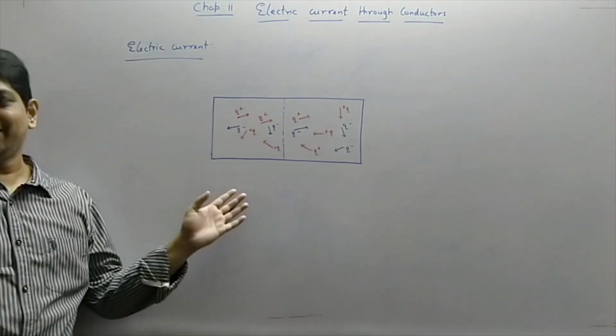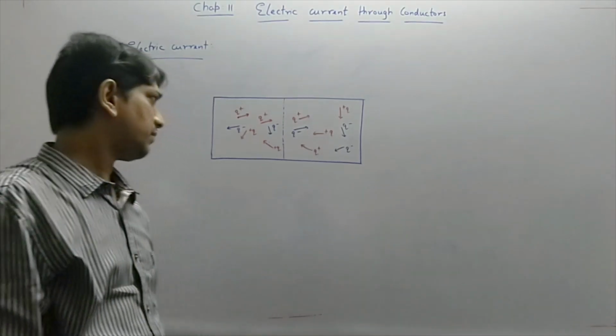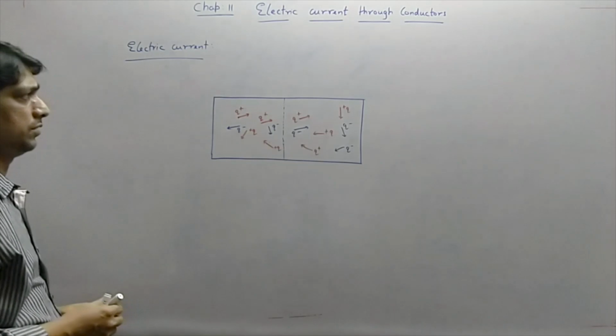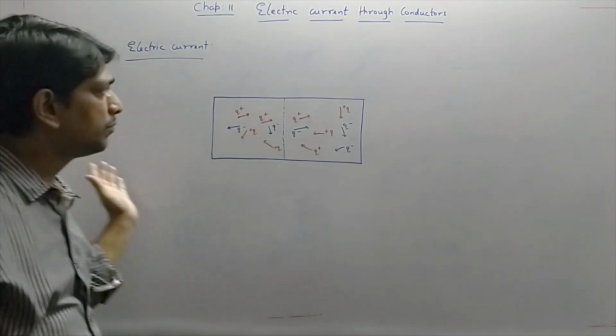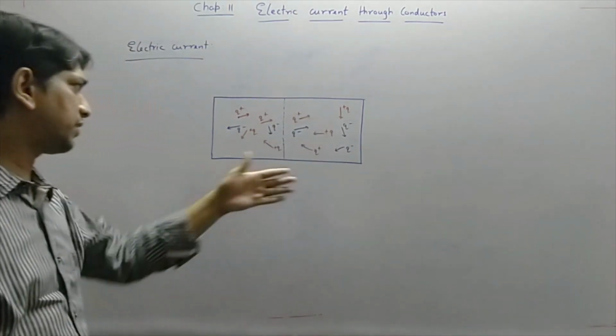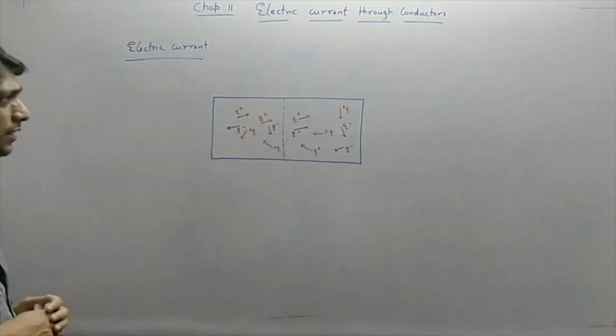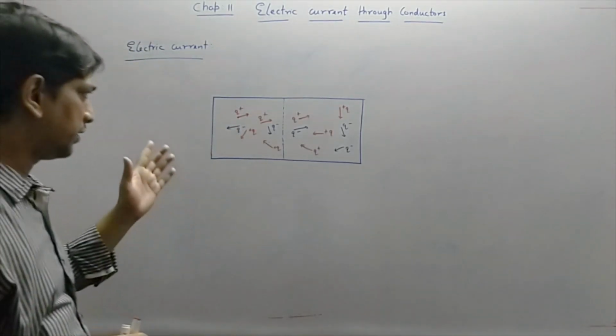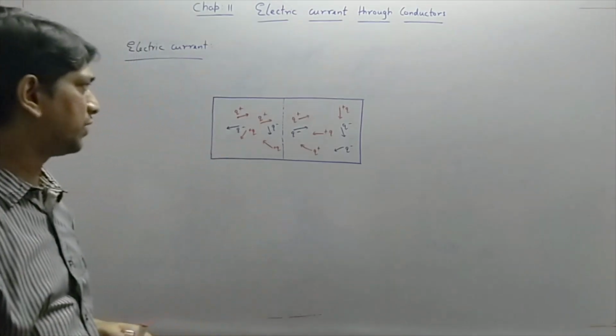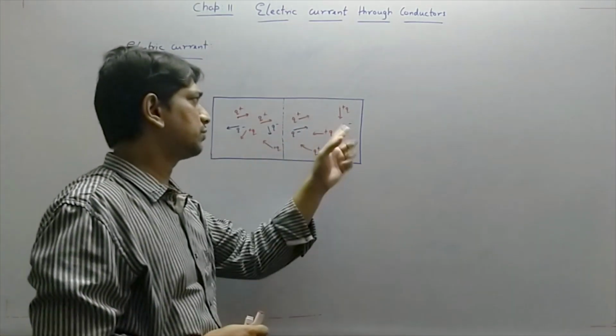So as we can see, the net amount of charge moving in the forward direction is given by Q plus, and also the net amount of negative charge moving in the forward direction is taken as Q minus.